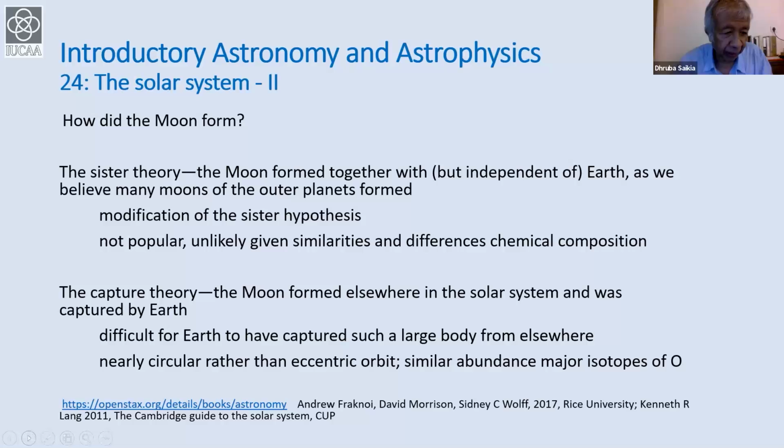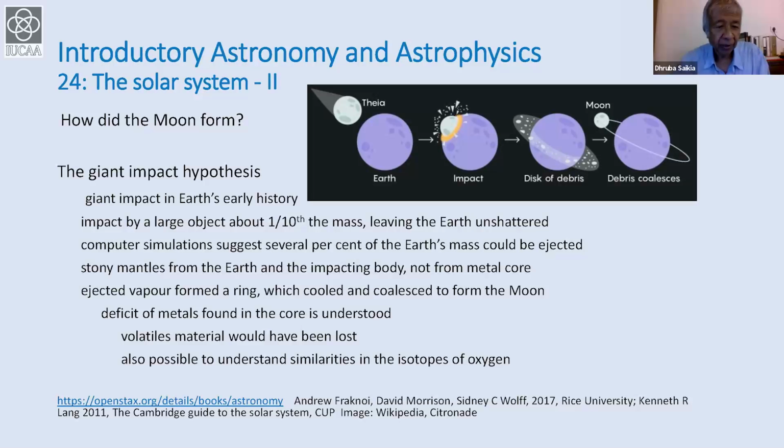So then we come to what Ahan has studied and shared with us, called the giant impact hypothesis. Impact by a large body, a large object about 1/10 the mass, leaving the Earth unshattered. Because if it was much more massive, it would have shattered the Earth itself.